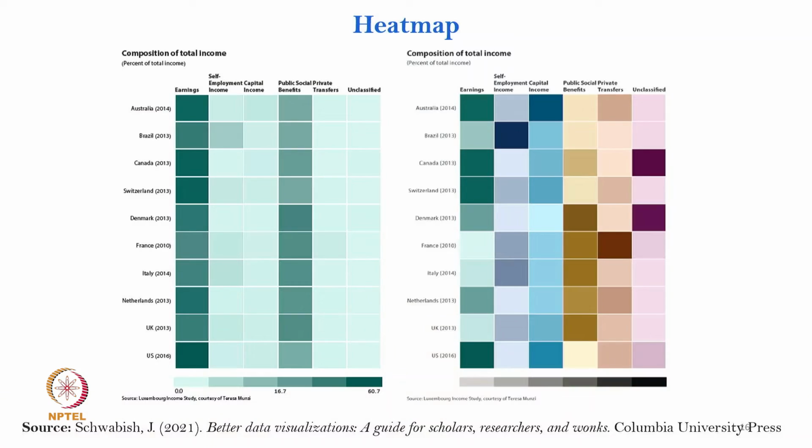You can see the example given here. It is like the composition of total incomes. You have countries and also the income from different sources: earnings, self income, and capital. Every individual type of income has been given a different color in the boxes.